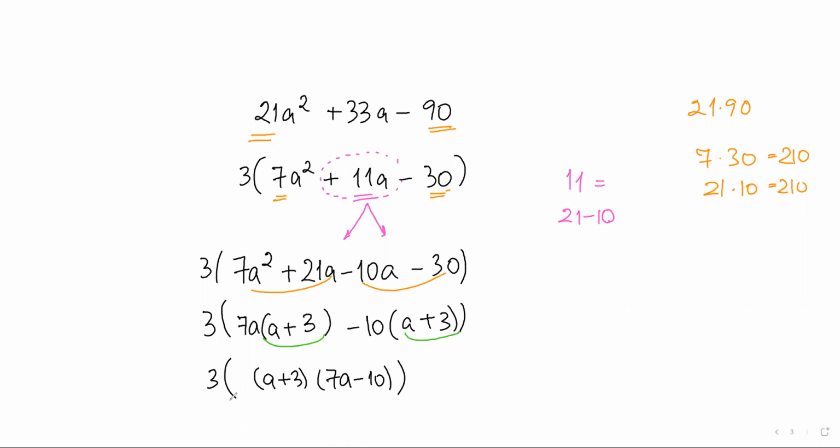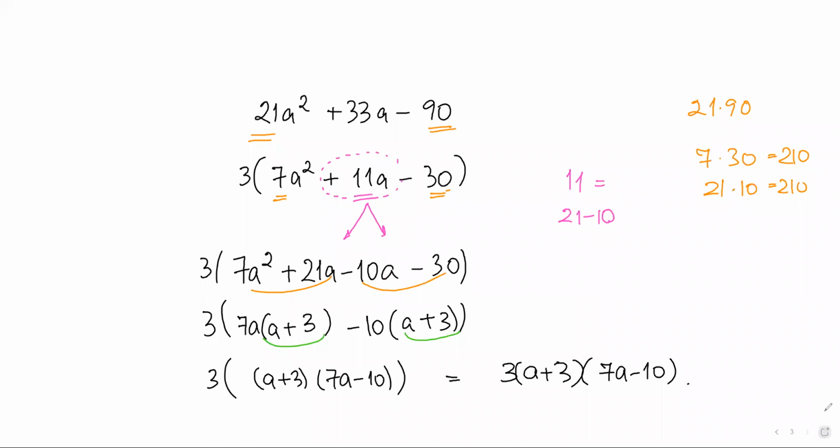Yes, this is a lot of brackets. We can actually let go of at least one pair of brackets, and we just can have 3, a plus 3, 7a minus 10. Because otherwise, the number of brackets is a little bit overwhelming. But that concludes the operation.